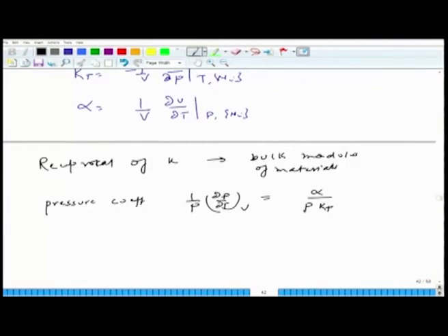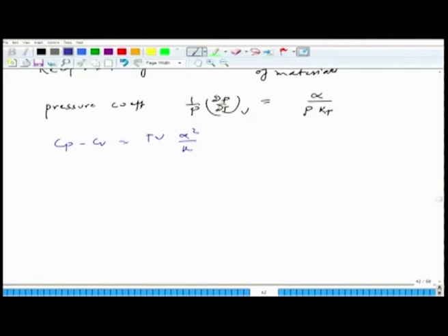It is useful to see how the pressure changes as you change the temperature at constant volume. You can also prove that Cp minus Cv is T V alpha square by K, and for an ideal gas this is nothing but R.